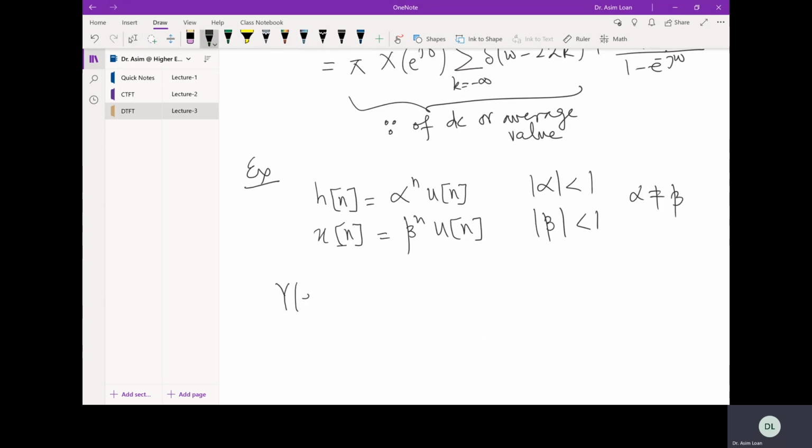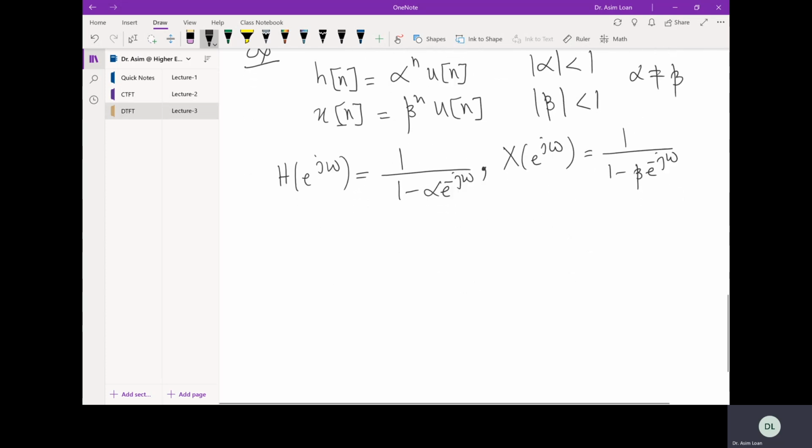So y of e^jω, or maybe I start from x. h of e^jω is 1 over 1 minus α e^{−jω}, and x of e^jω is 1 over 1 minus β e^{−jω}.